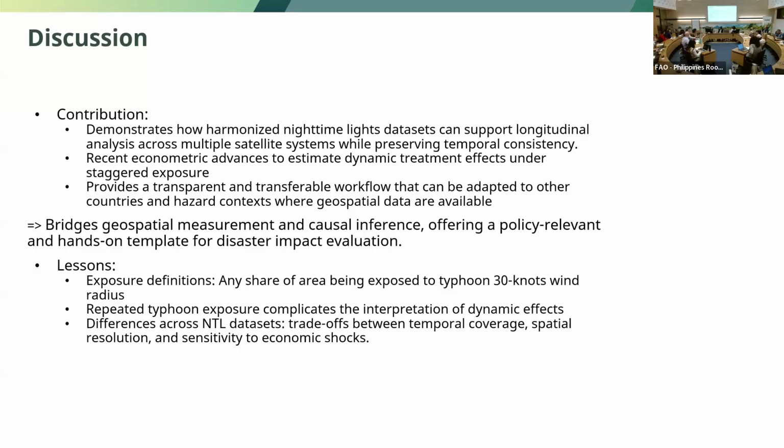And similarly, the biggest assumption is that storms before 1992 do not affect the nighttime light intensity of provinces. This requires much more careful plausibility tests and sample selection to further strengthen identification.